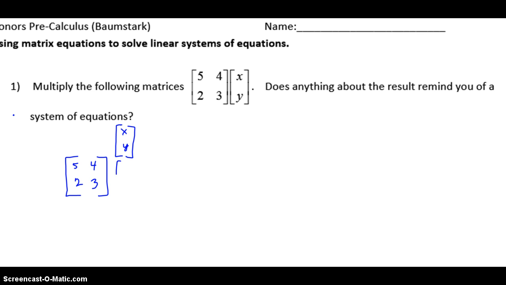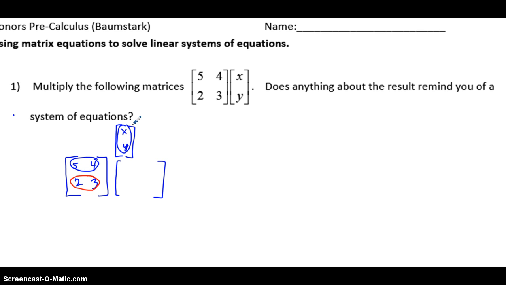Okay, so here I've just written the matrices in the format that we like for multiplying them, and I'm going to give myself enough space here. Again, just remember how we multiply matrices: we do dot products of vectors here.